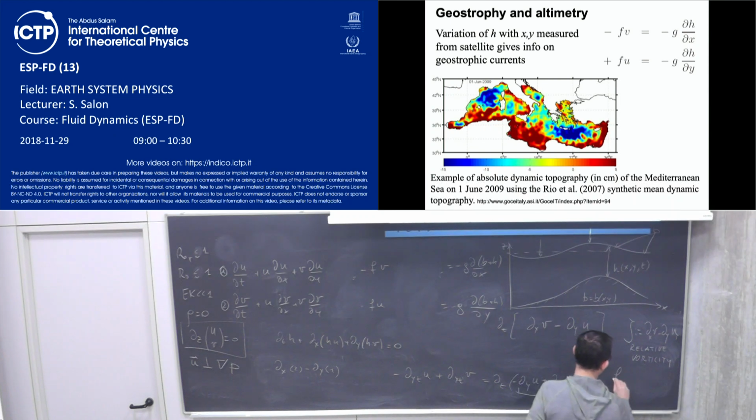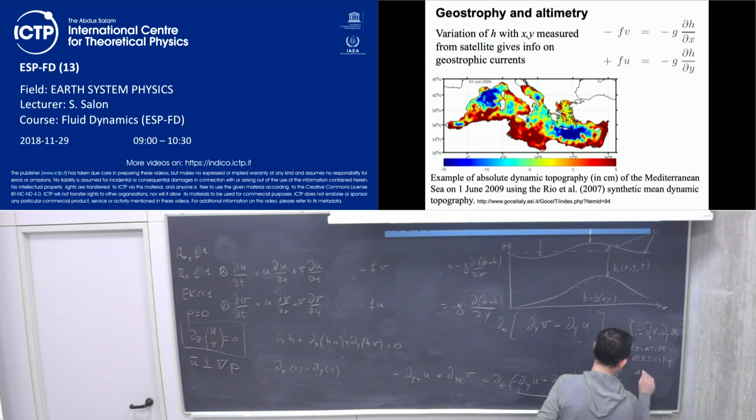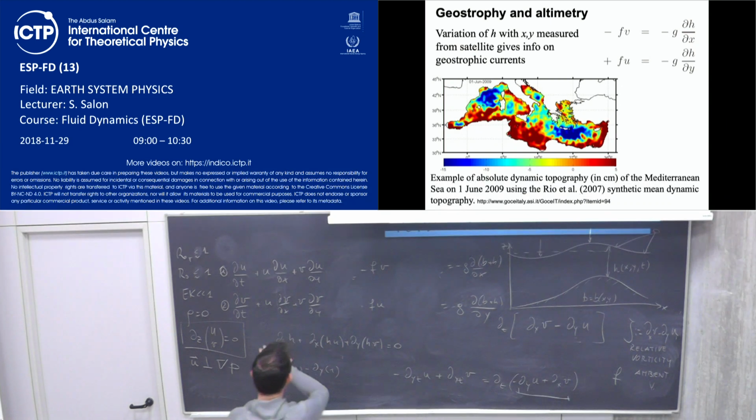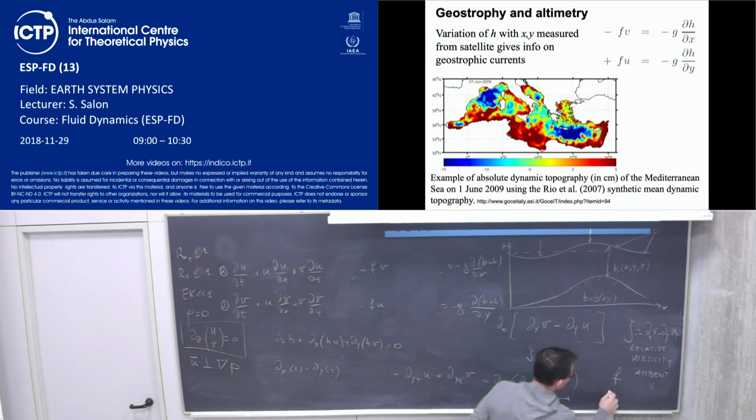While f, which is our Coriolis parameter, is the ambient vorticity. So all these expressions here will have a form that basically reduces to considering a relative vorticity zeta plus f. Why? I know that df/dt is equal to 0.